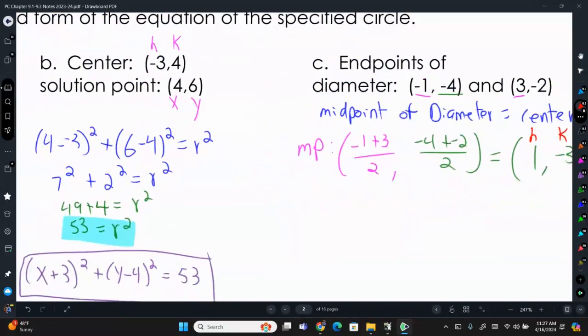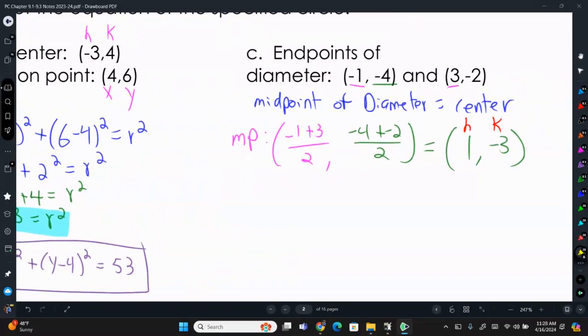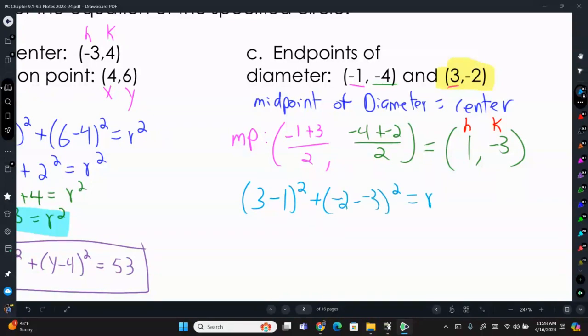Or we can use one of these x and y points of the diameter as a point on the circle and do what we did over here in letter B. I don't like dealing with negative numbers as much as possible, so I'm going to use this point. So instead of x, it's going to be 3 minus h, so 1 squared, plus y, -2 minus -3 squared equals r squared.